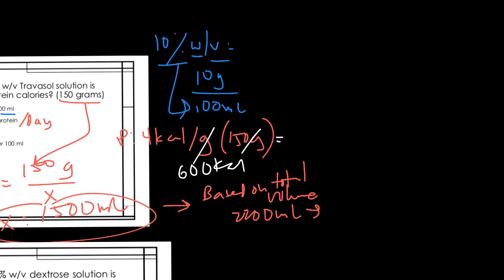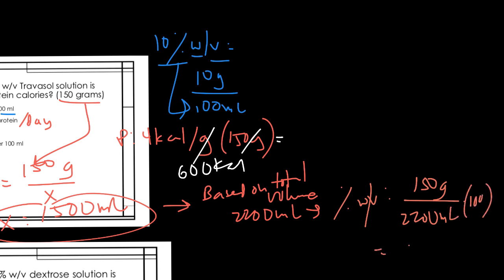So, in terms of percent weight by volume, you're going to do the 150 grams, which is your weight, divided by your total volume of 2,200 milliliters, times 100 gives you 6.8% weight by volume of protein.